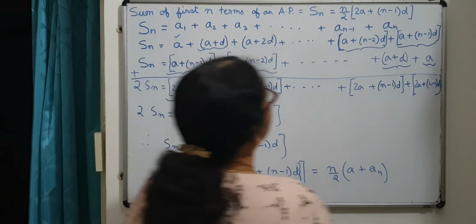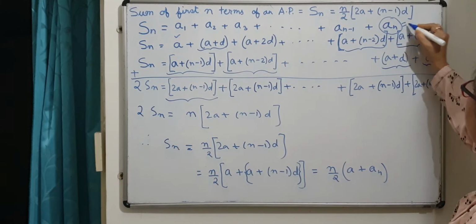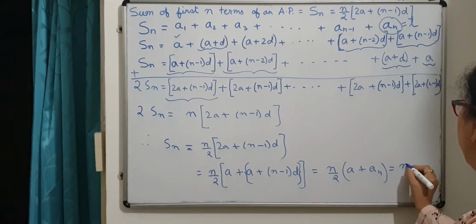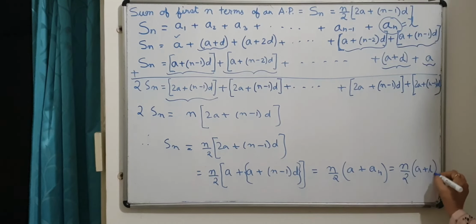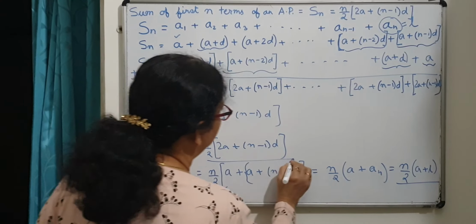And generally n is the last term, this one is the last term. Sometimes we denote it by l, the last term. So it can be written in this way, n by 2 into first term plus last term. So these are the two forms. This is one, Sn is this, and another, Sn is this.